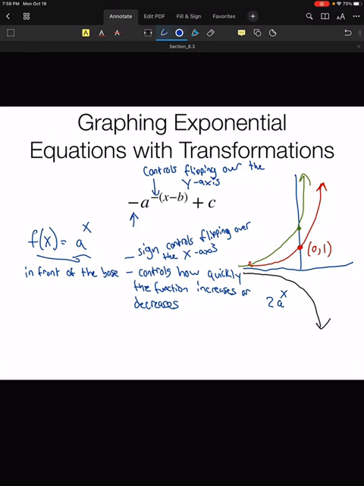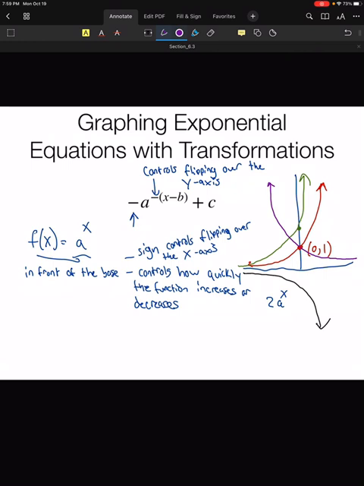So if I have a negative out in front of the x in the exponent, then it's going to look, if I use purple, like that. You see, if I flipped the red over the y-axis, then it would turn into the purple. So the sign out in front of the base a controls flipping over the x-axis. The sign in front of the x in the exponent controls flipping over the y-axis.